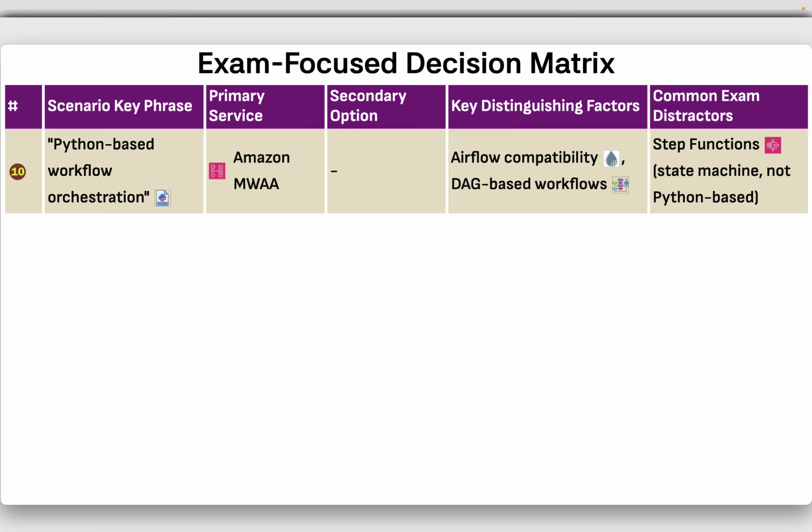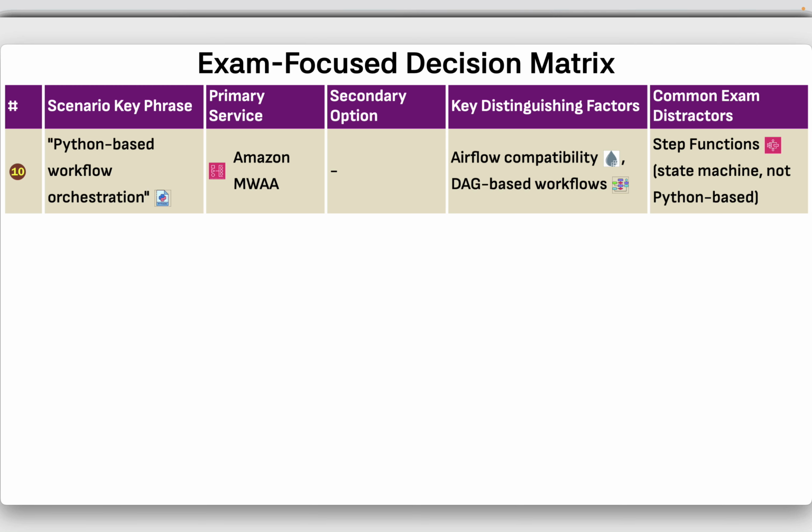Then Python based workflow orchestration. Just go with Amazon Managed Workflows for Apache Airflow. So Airflow is for any Python based workflow orchestration. Key distinguishing factors are Airflow compatibility and DAG, directed acyclic graph-based workflows. Some exam distractors can be Step Functions, a state machine, not Python-based.